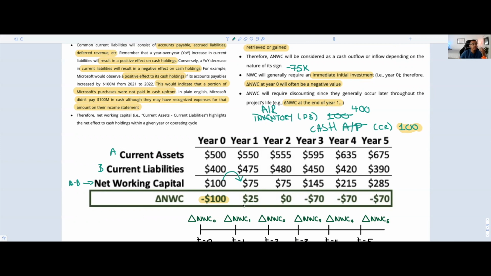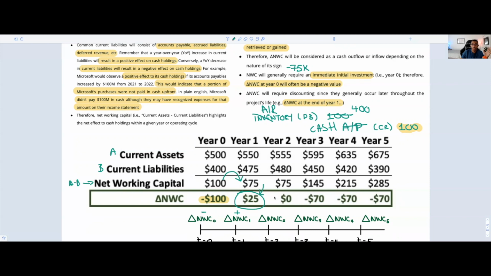That would essentially mean that less cash is being trapped in the business, or that we're retrieving more cash on a year-to-year basis, and that is not being expressed through our financial statements. That's why we highlight that change in net working capital as being positive for us. So a decrease in NWC is a good thing, and our change in net working capital would be a positive value here. Here we would have a minus, here we would have a plus.